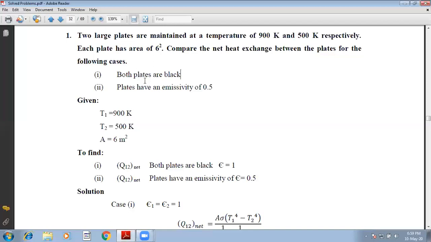Now, when we consider both plates to be black, the emissivity becomes 1 because it will be emissive power of a black body to the emissive power of a black body, which is the same in the numerator as well as denominator, which results in the value of 1.